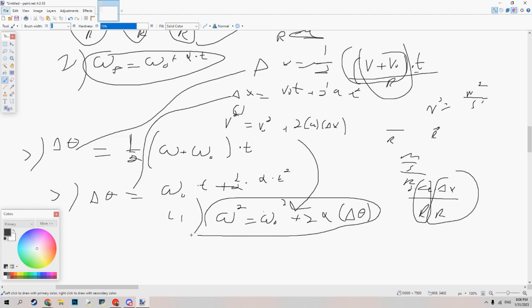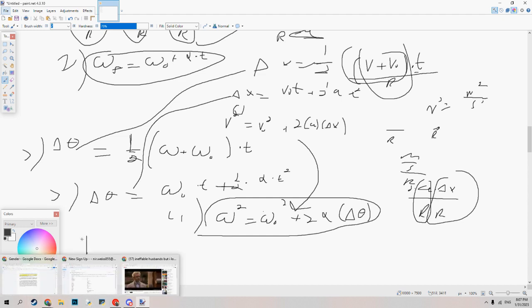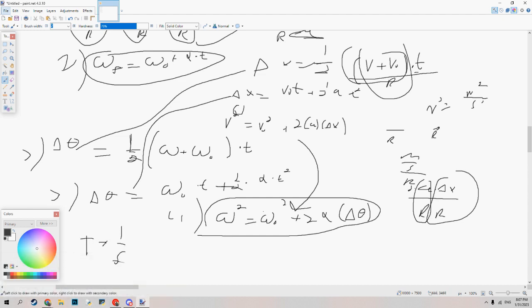Yeah, aside from these, the only other formulas you need to know are... do they exist? I can't think of any off the top of my head. 1 over frequency.